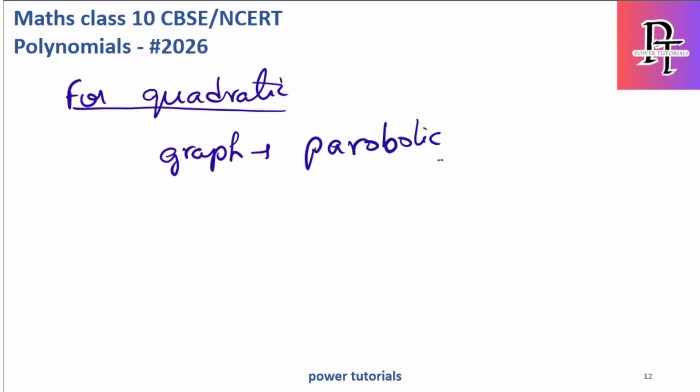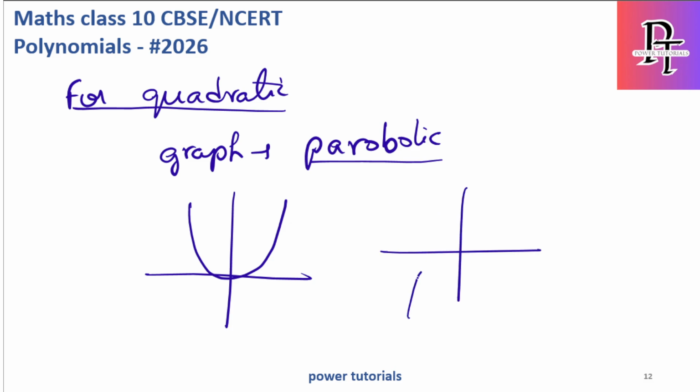I think in the previous class you might have studied what a parabola is. So a parabola graph will be something like this, U shape. It can be an upper U or a bottom U, like an inverted U. So wherever this U is touching the x-axis, those are the zeros.